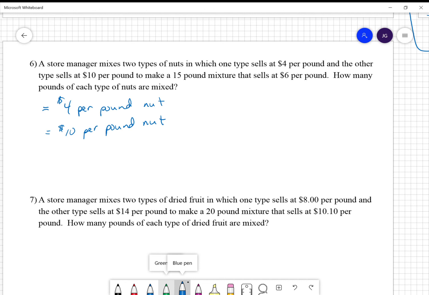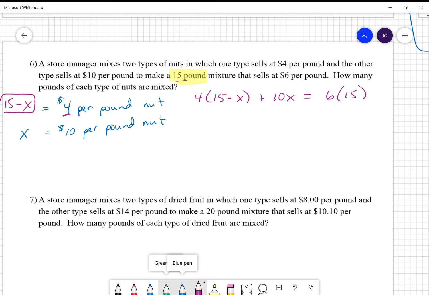In an earlier video I said they're not comparing these, so it doesn't matter which one is X, but if you want to avoid negatives, make the more expensive one X. Then the other one is the total minus X. So this would be 15 minus X. The equation then is the size, how many pounds, times the price. 4 times 15 minus X plus 10 times X is equal to 6 times 15.